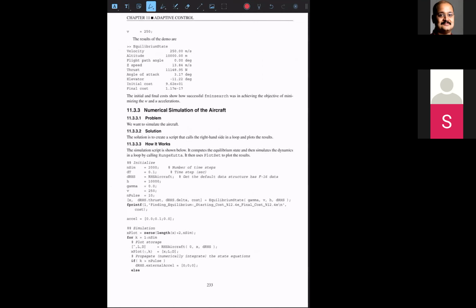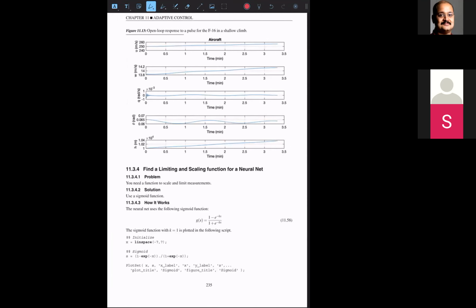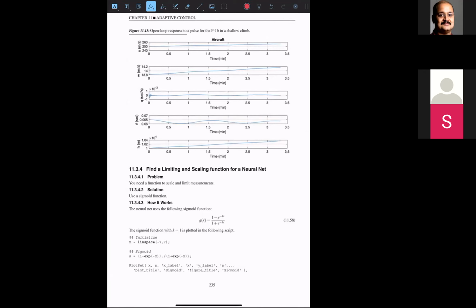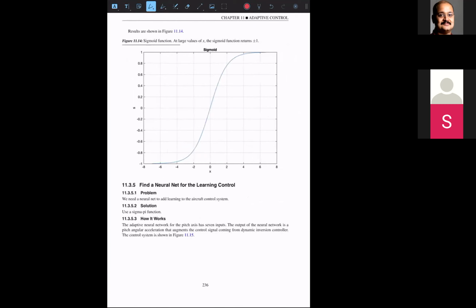So aircraft flying in a steady level flight is called trimming. So this does the trimming, but the next part is then how do you use a neural network to tune the controller algorithms for this aircraft? So this is where the adaptive control meets reinforcement learning. So finding neural net for learning control.